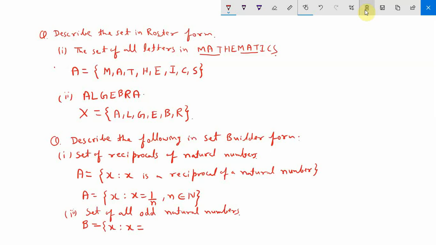So 2n is even. So for odd we can write 2n minus 1, where n is an element of natural numbers. Okay, 2n minus 1 will be odd. So in this way we can write in set builder form. Okay friends.